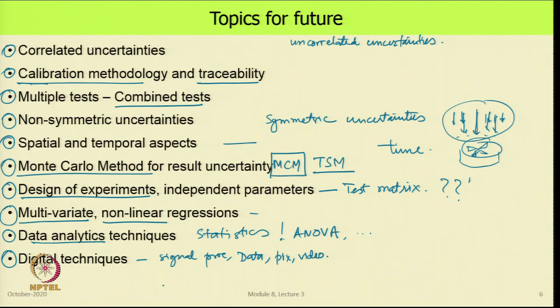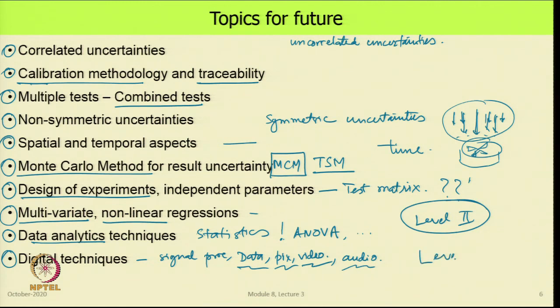There are many engineering applications where we now learn about the phenomena by looking at this, and in some cases audio also. So, there is much to learn about all of these. We have left all of this for higher level courses. Some of this can be taken up in what we will call a level 2 course, which is an intermediate course, and then more advanced topics which go to level 3.